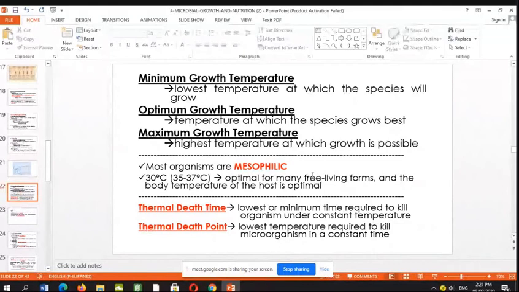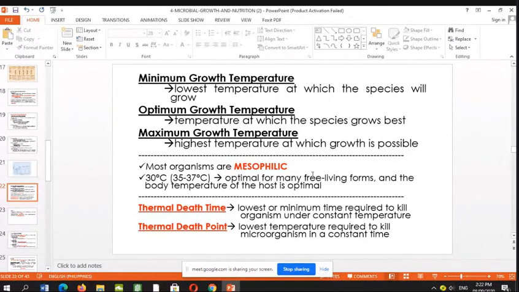Sabi natin kanina, thermal death time, lowest or minimum time. Take note, it's the minimum time required to kill organisms under constant temperature. Like noong unang panahon, nung wala pa yung mineral water or filtered water, di ba binoboil ang water for 15 minutes to get rid of the coliform organism.